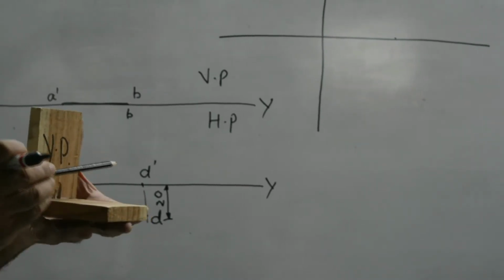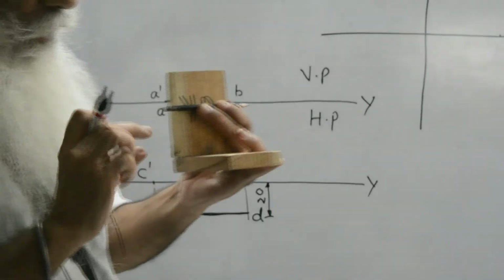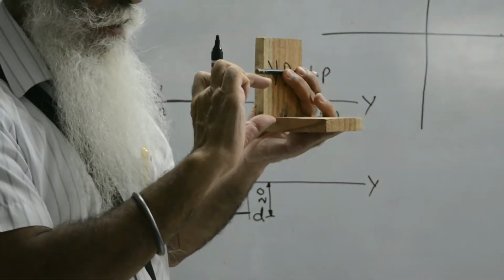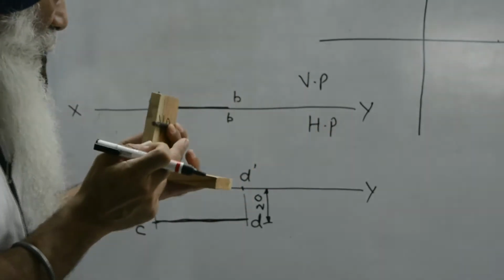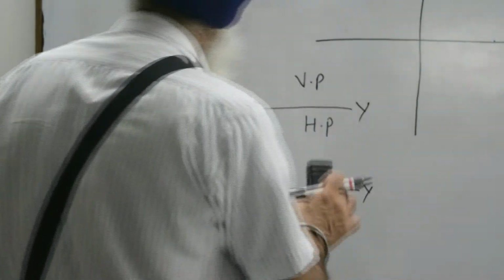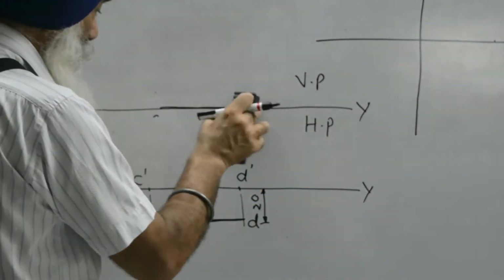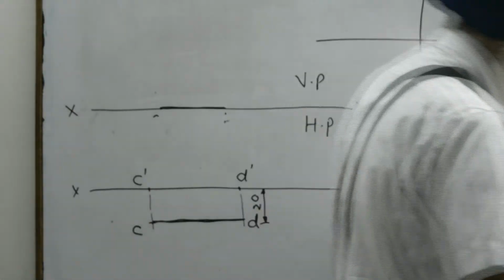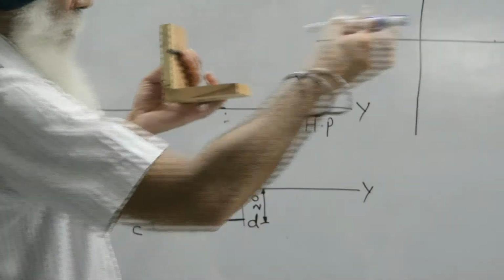Similarly, the third case is when the line lies on the vertical plane, 30 millimeters above the horizontal plane. In this case, again you observe, and its answer will be from the front side.